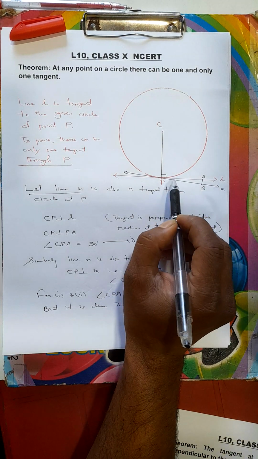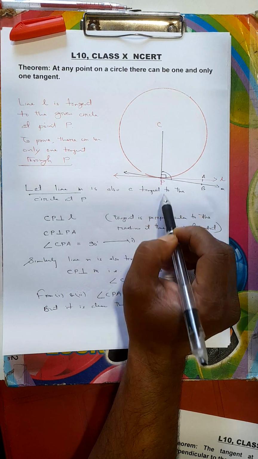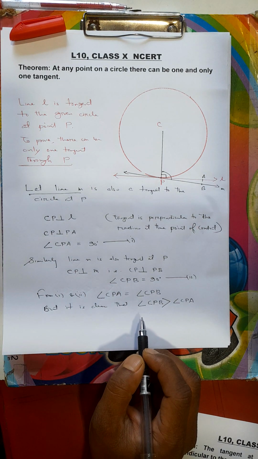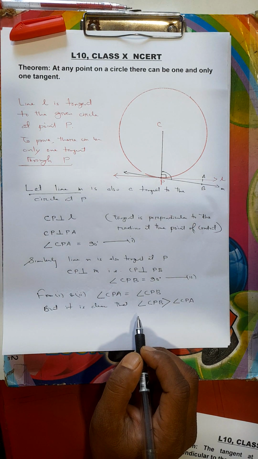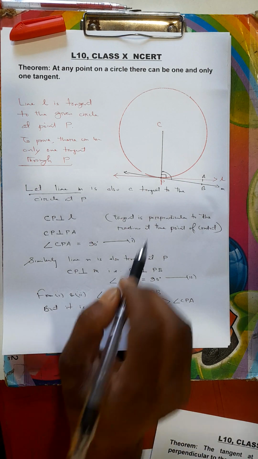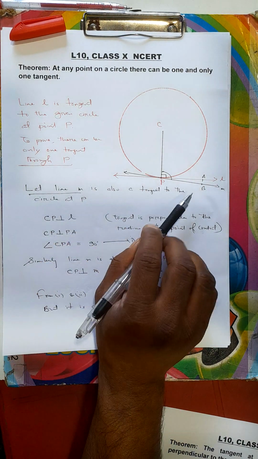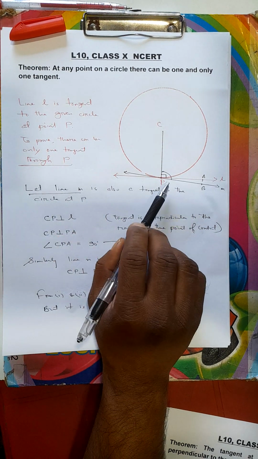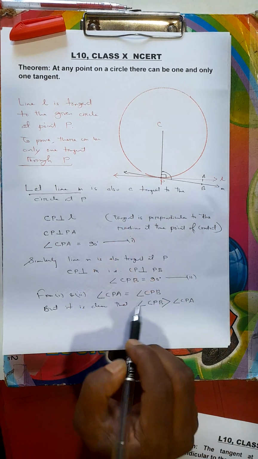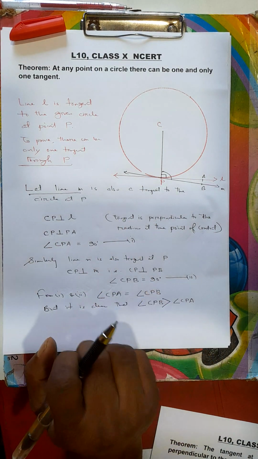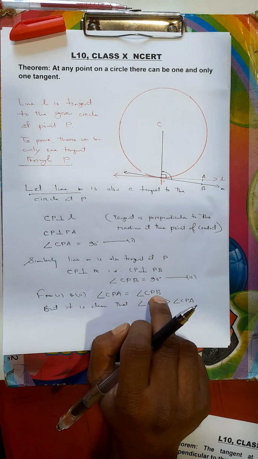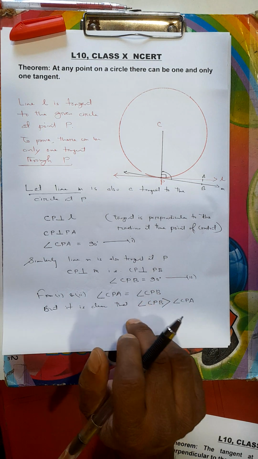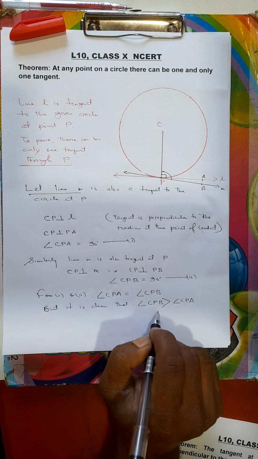So we got one incorrect conclusion. If we assume that there is one more tangent at the point P, if we assume that line M is also tangent to the given circle at point P, then we got one incorrect conclusion. What is incorrect? CPA equal to CPB. It is impossible, right? Because angle CPB is greater than CPA.